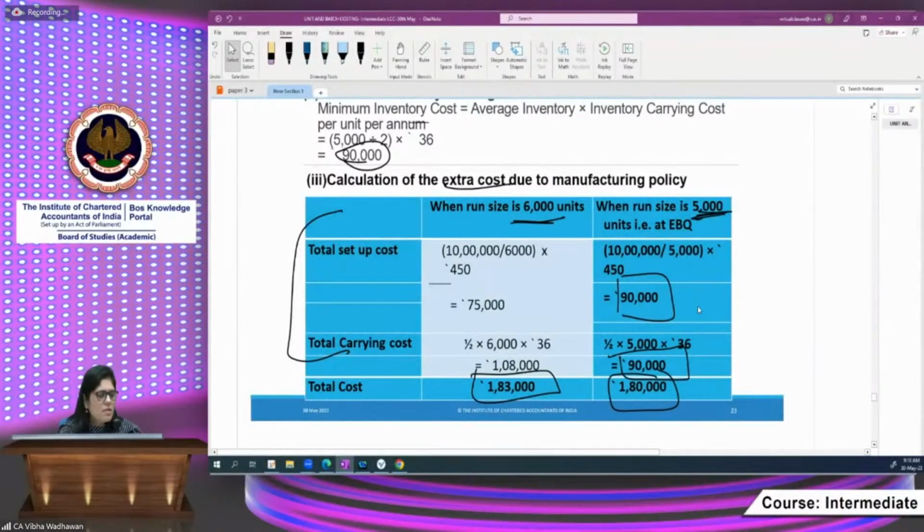So this is the extra cost you have to take. Remember, whenever you calculate extra cost, please calculate for setup and carrying cost together and not the extra cost only for minimum inventory holding cost. You should calculate for both. Clear? I hope you have understood how we have calculated setup cost also: number of runs, number of batches into cost per batch.